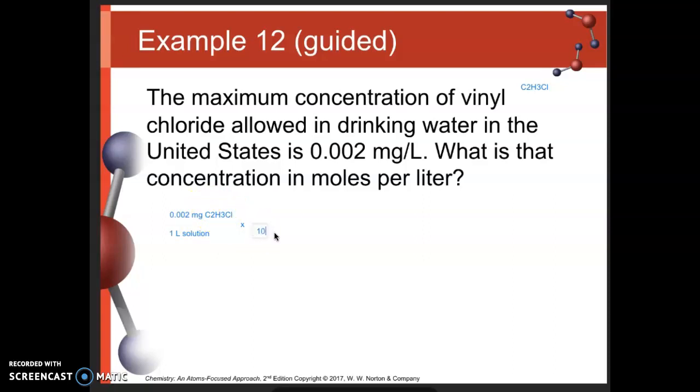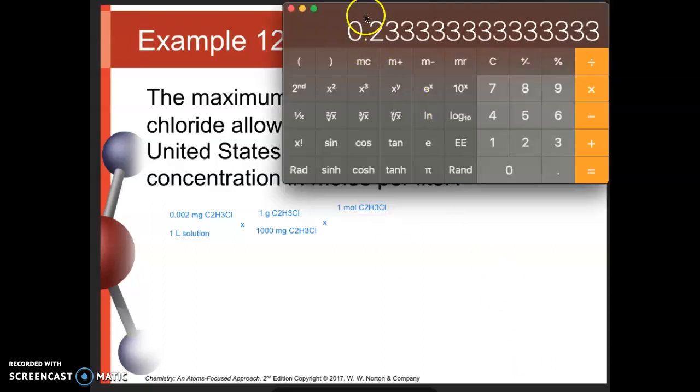So first step, convert the milligrams to grams. And then the last step, I need a molar mass to convert the grams of vinyl chloride into moles.